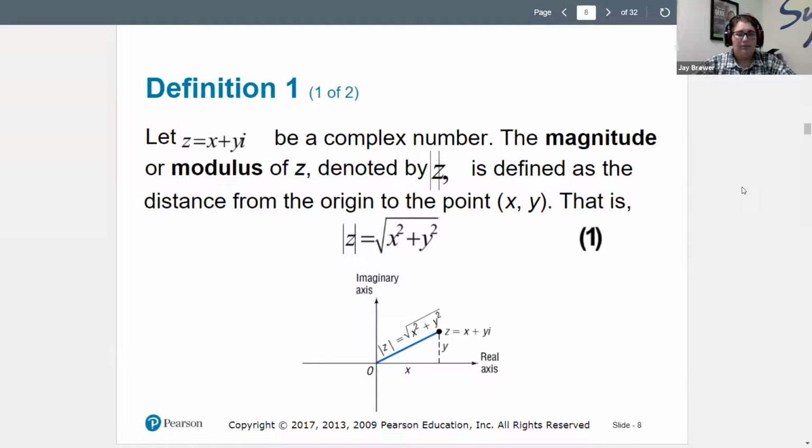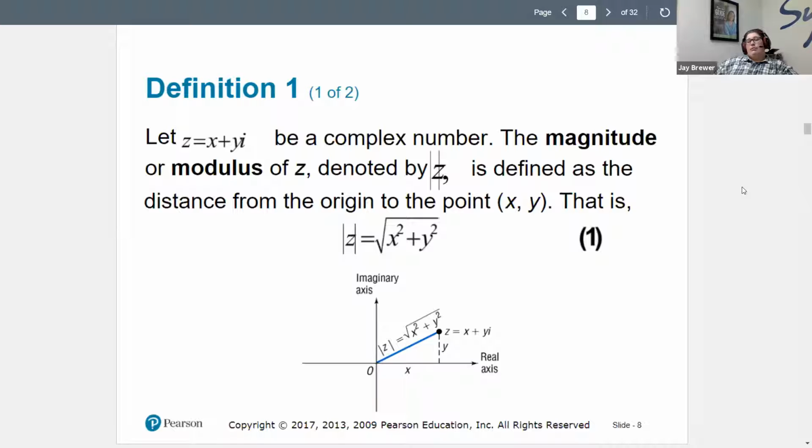Here's your definition. Let z equal x plus yi be a complex number. The magnitude or modulus of z, denoted by the absolute value of z, is defined as the distance from the origin to the point x comma y. So essentially, we're still working with triangles.